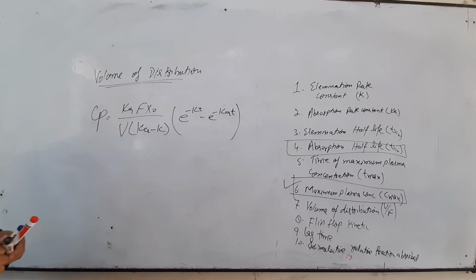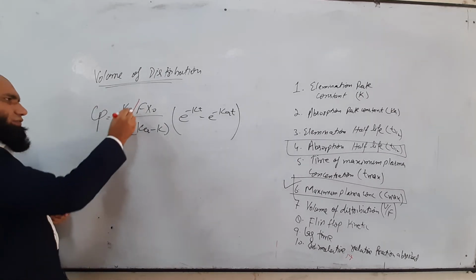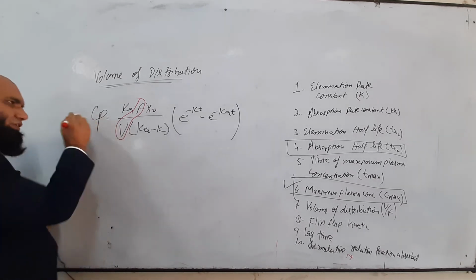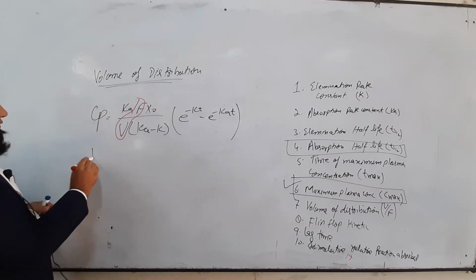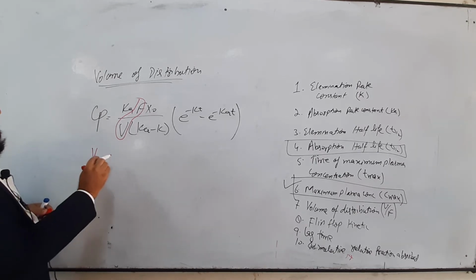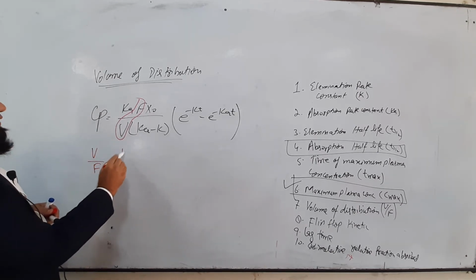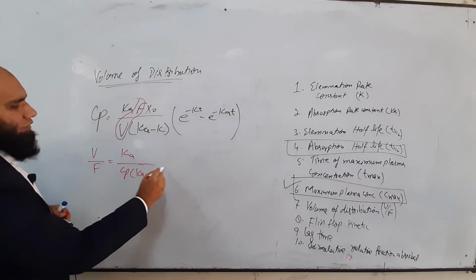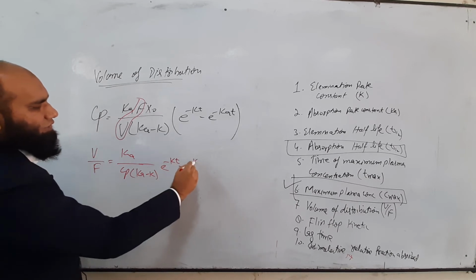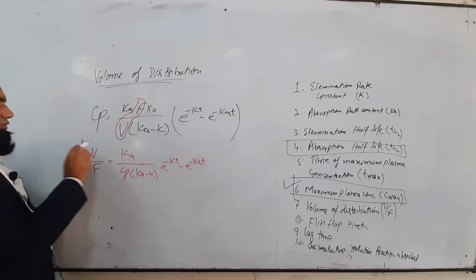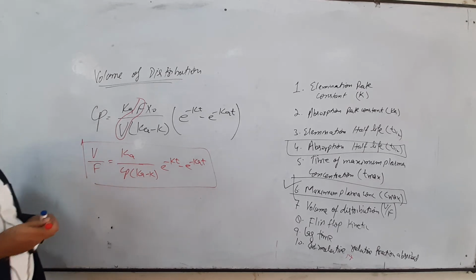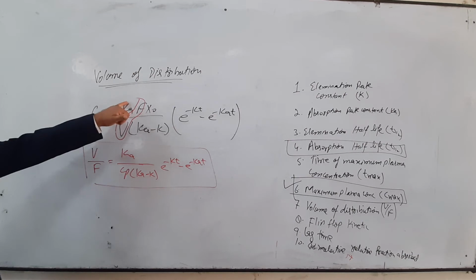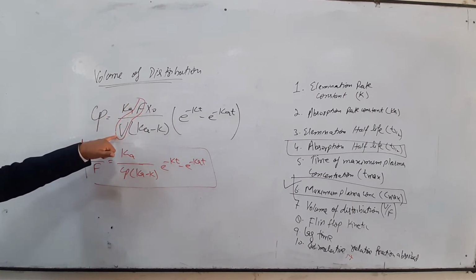Okay, the question is we want V over F. So we can write V over F is equal to Ka X naught over Cp into (Ka minus K), times e^(-Kt) minus e^(-Kat), because we want to calculate V over F, volume of distribution divided by the fraction of drug.